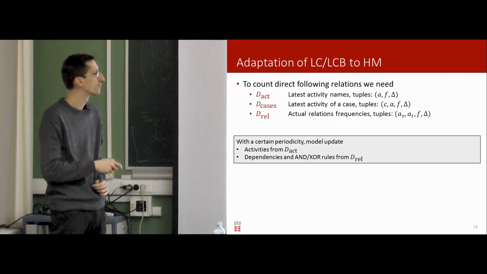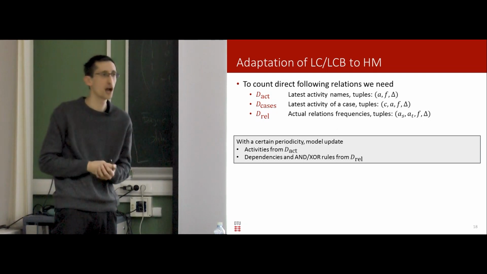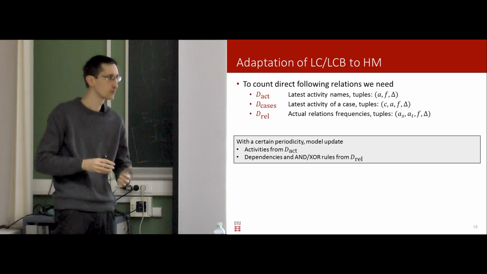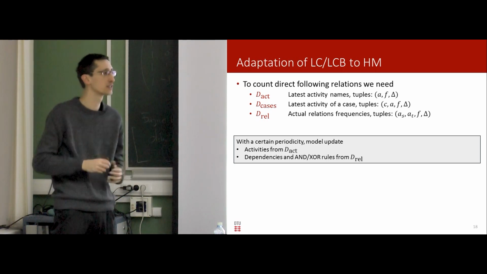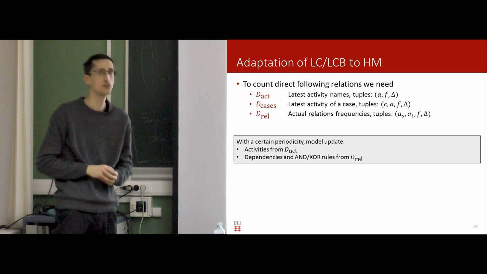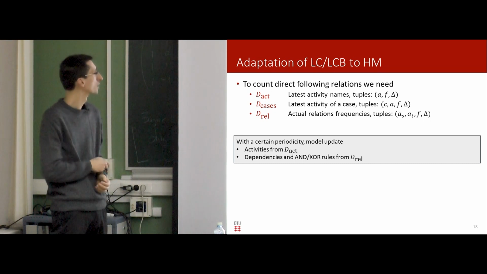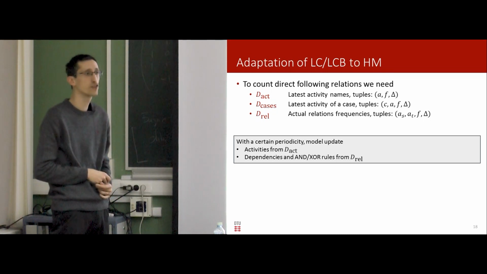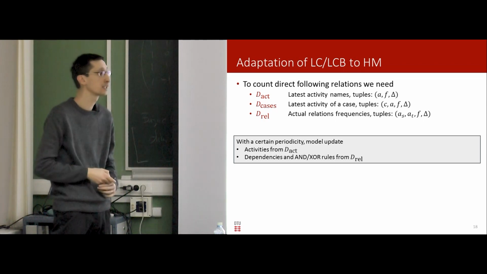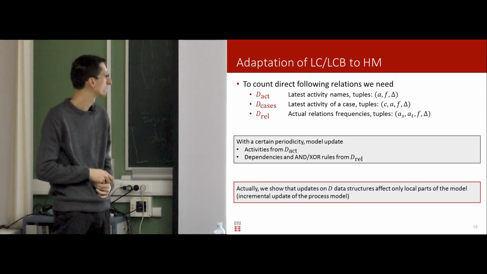So now we have this direct following matrix, which is now represented in different terms, but they are basically the same. With a certain periodicity, we can just update our model by extracting out of our data structure the dependency measures, the AND measures, and the XOR elements, and we can keep our model updated.